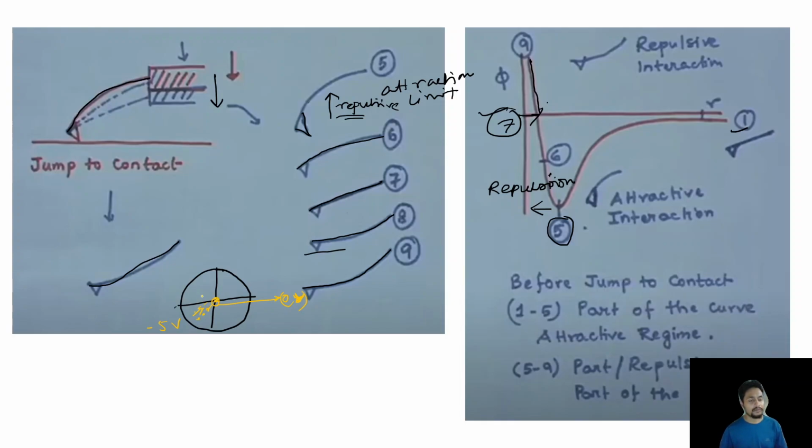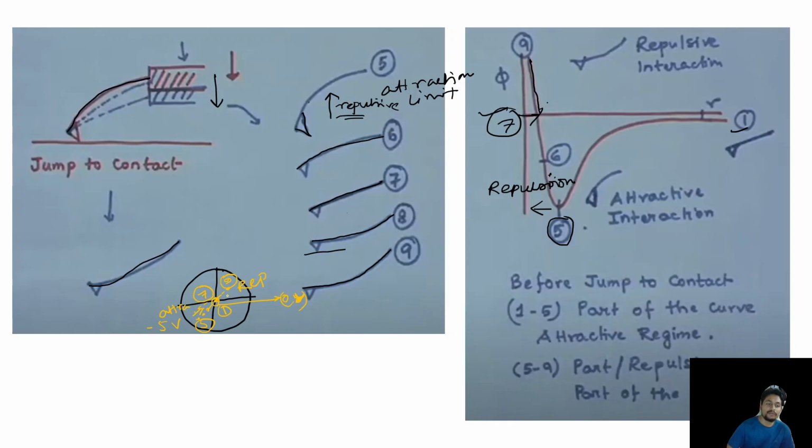This will be the 7th position and this is the 5th position. Then after that, we are going to get some positive voltage. Let's say this is the 9th position. After that, this is only in the repulsion regime, and this is only in the attraction regime. And this is my 1 and 7. There is no interaction, there is an equal amount of attraction and repulsion. So that is going to be the case.